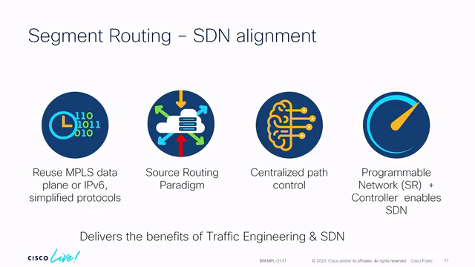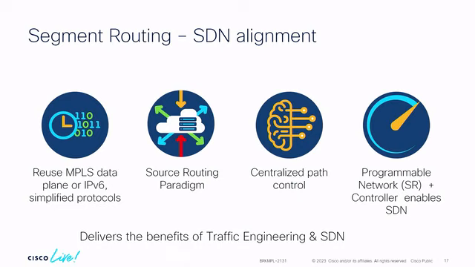Typically, in a single IGP area, because of the way MPLS works, we just put the node segment ID, node SID or prefix SID as we call it, and the MPLS label swap works fine, and you don't need to do more. So when you use the source routing paradigm, you have a lot more control over which path your traffic and your services take, and then you can go and configure those paths per service on your head ends.